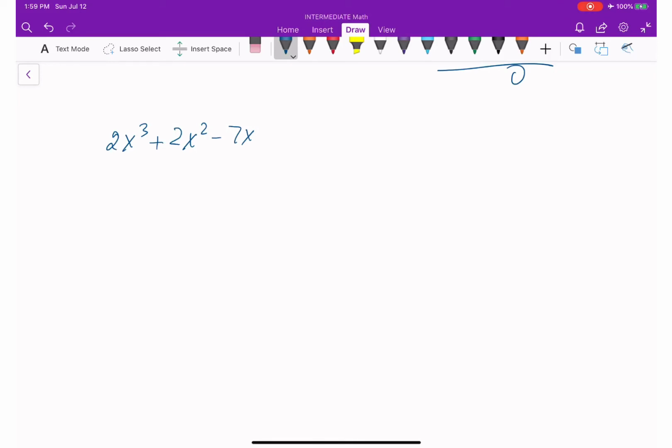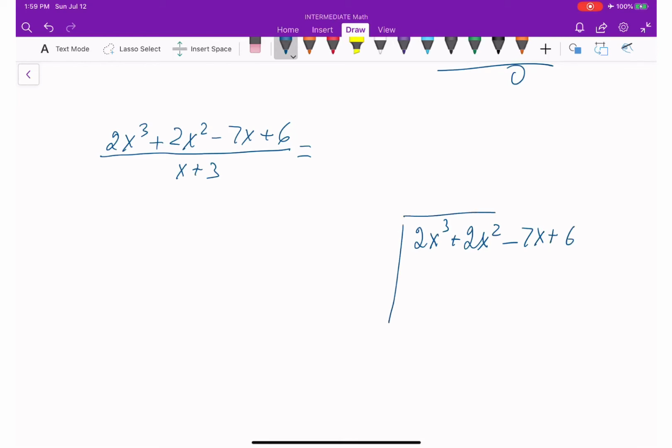And all that we divide by x plus 3. So let's divide 2x cubed plus 2x squared minus 7x plus 6. We are dividing by x plus 3.